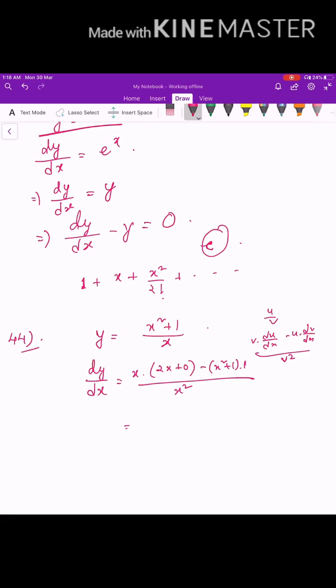You may take time and solve, right? So x square minus 1 upon x square, that is 1 minus 1 by x square. That is option B.